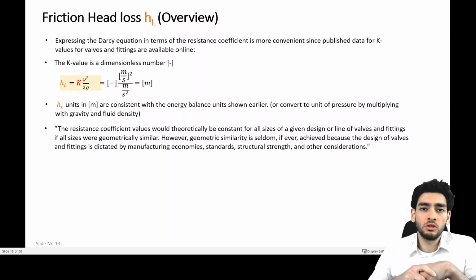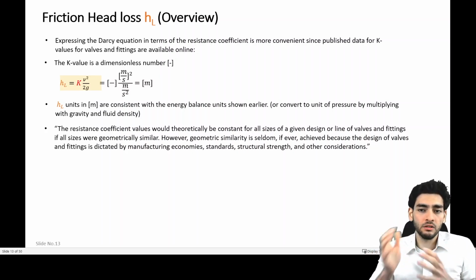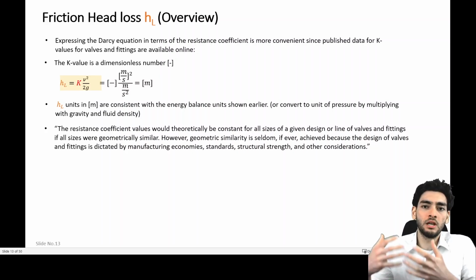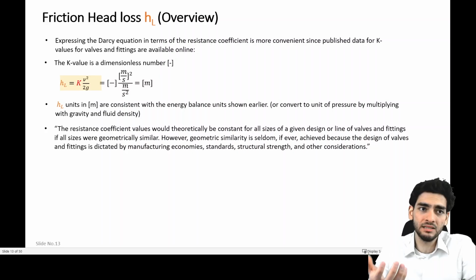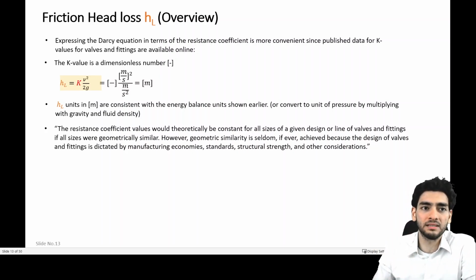Now, the other thing you could do is look for approximations and estimates that are available online for you to use. And there's extensive published data for many valves, fittings, and components that are only estimates. However, they're good starting points for you to use while you are assessing a piping system. And I'll show you some examples of that in the next slide.